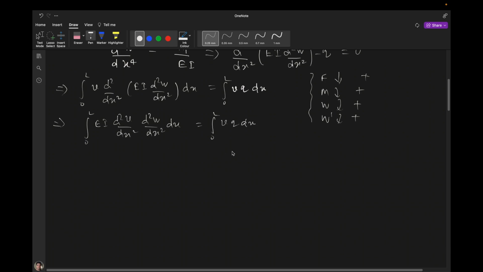And also we have some natural boundary condition and essential boundary condition.